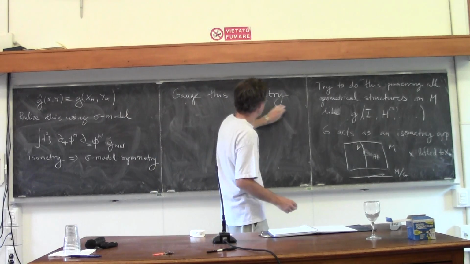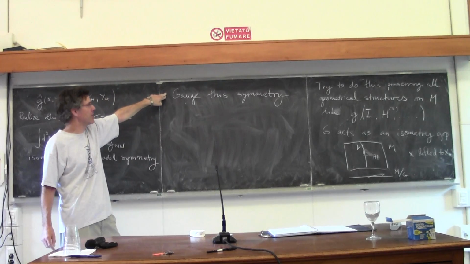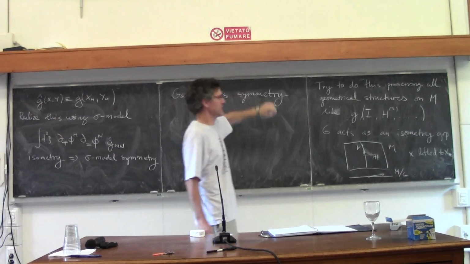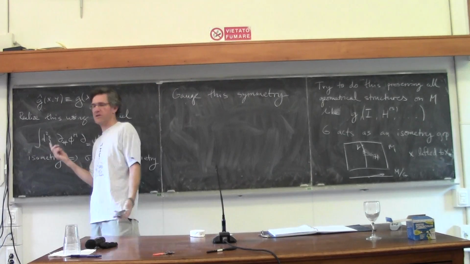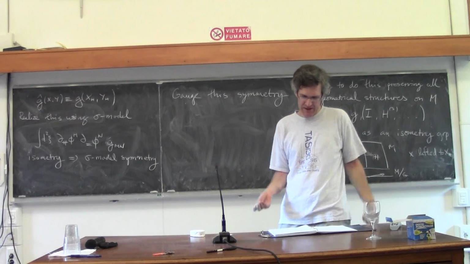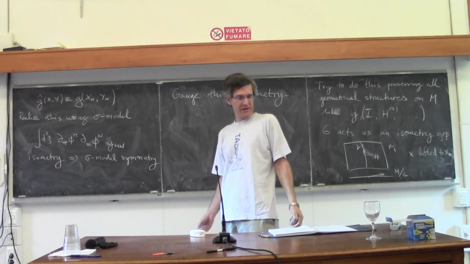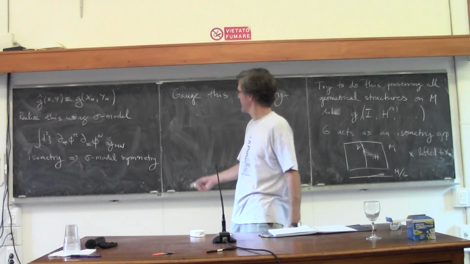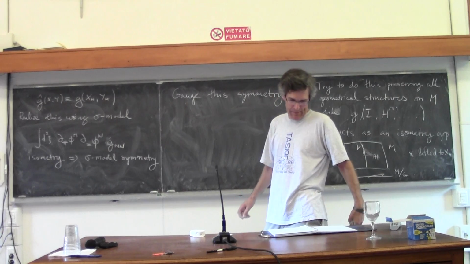Now, of course, this is something that you have to be a bit careful about. There's a long and beautiful story about when symmetries can be gauged and not gauged, which I wanted to talk about in the first lecture, but I didn't have time. So anyway, let's assume that this symmetry can be gauged, and if I'm assuming it's a U(1), then there's no problem.